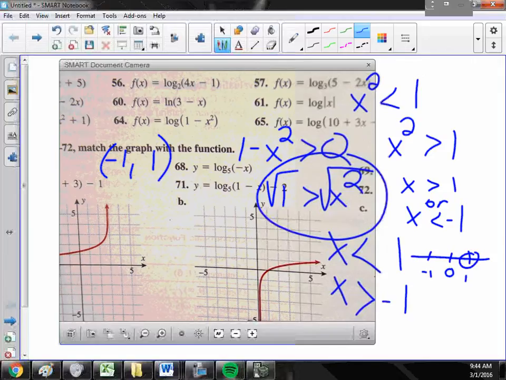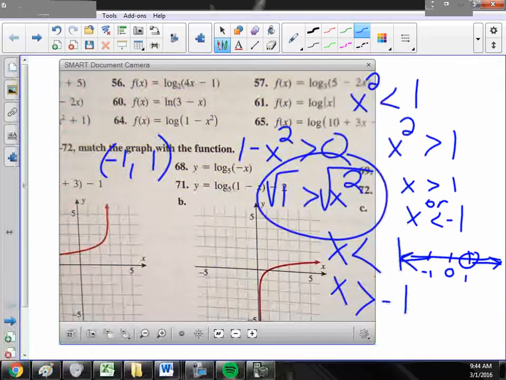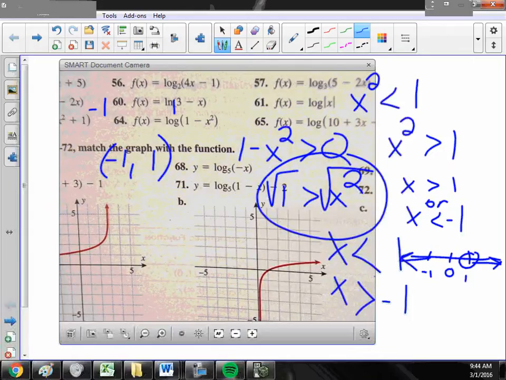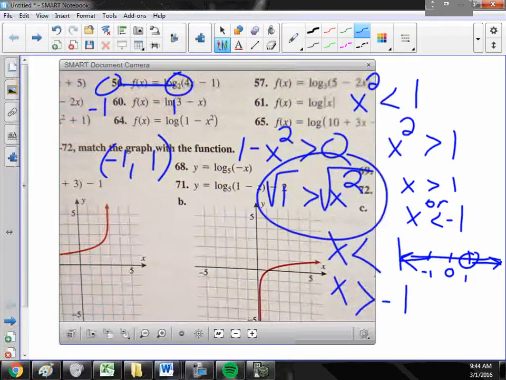It's going to be this way and this way. So if you have a double answer equation and it says x squared less than, that's an AND and they're going to point toward the middle. So this one right here, we have negative 1 and 1, and it's everything in between. But if it's a greater than, then it's an OR, and you fill one end or the other. Does that make sense?